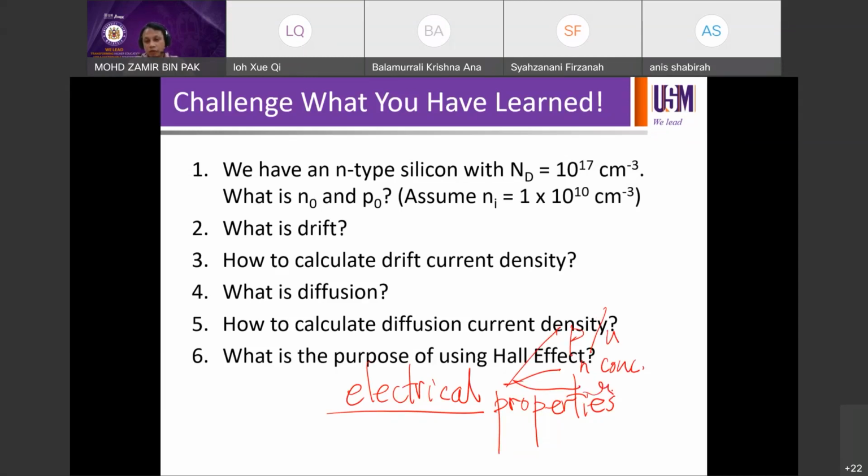And then you want to know the mu e or mu h, the mobility of your dominant or majority carriers, right? So you can tell by looking at the Hall voltage, or you can use the equation and plug in all the field information, the slab dimension, the current, the voltage, and then you're going to get your carrier concentration and all.